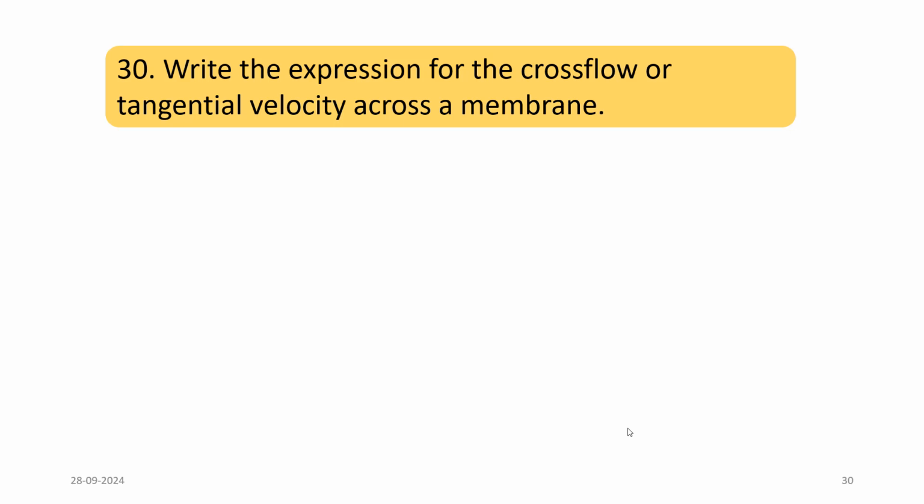And if a pure solvent like water is there, there won't be any osmotic pressure, so Δπ will be 0. Also, because it is pure water, there is no solute which will deposit on the cake filter, so Rc is also 0.